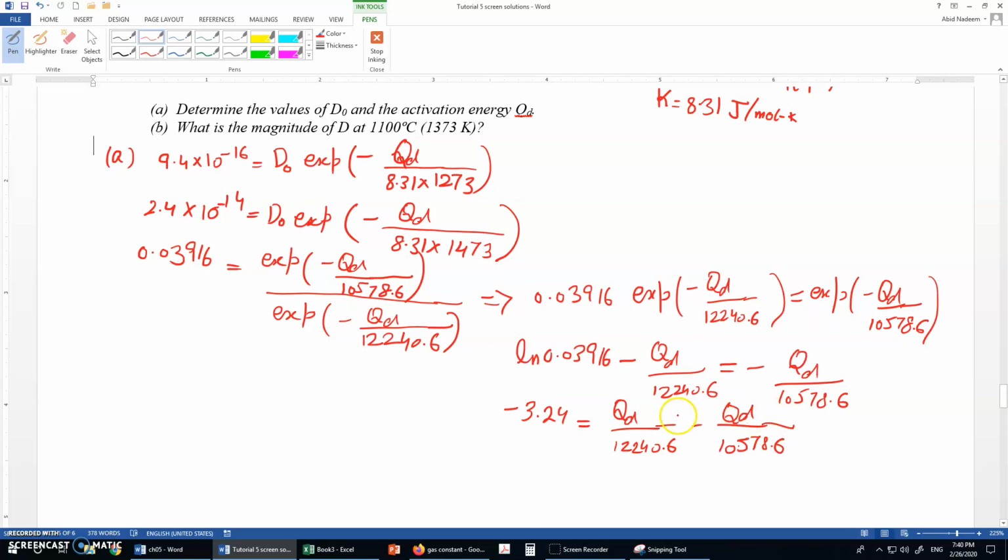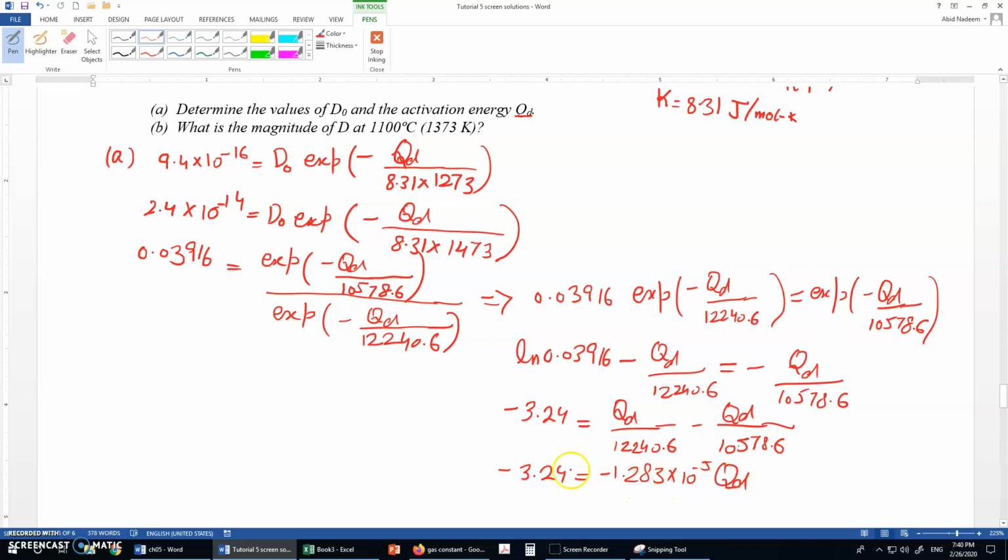If you simplify it, then minus 3.24 is equal to minus 1.283 into 10 to the power minus 5 QD.